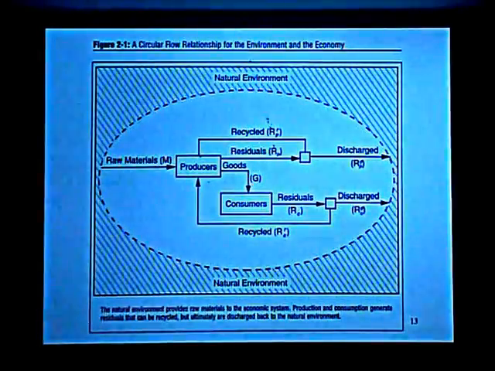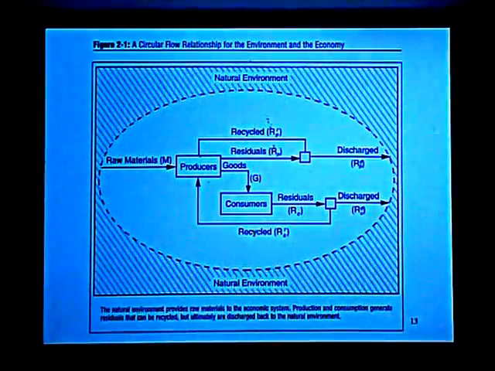Okay, so this is an expansion of my simple model, actually. So you have raw materials coming in, producers take them in, and they produce goods that consumers consume, right? And which one is that? I think it's this one here. So producers take in, they make goods that go to consumers, and then they produce waste.